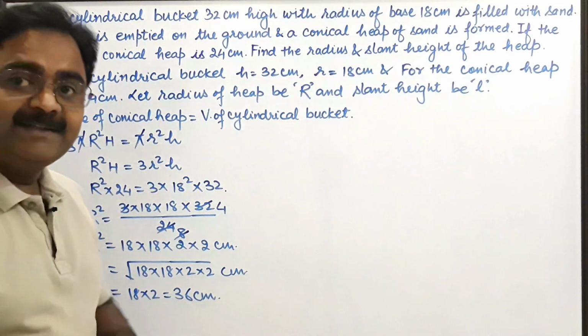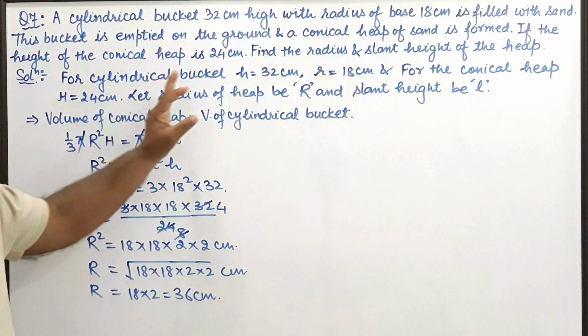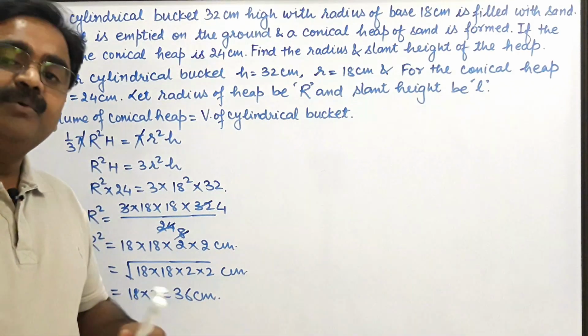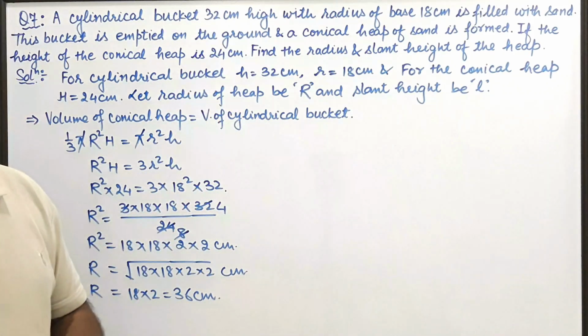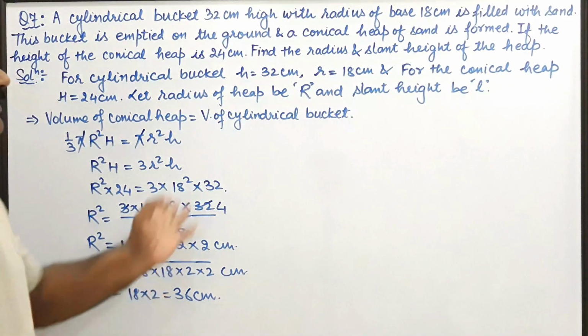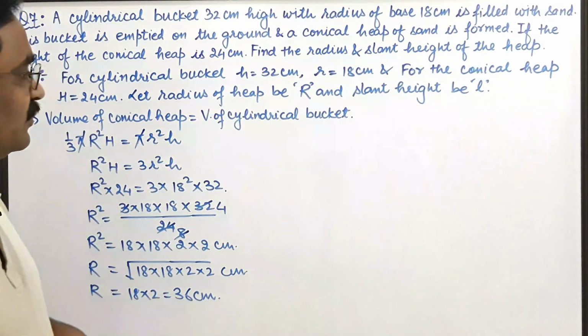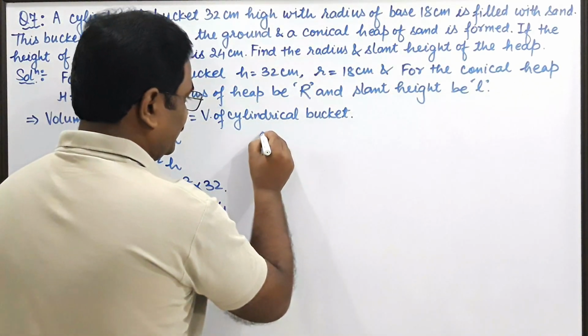So dear friend, I think it is clear that how to get the radius of this conical heap, which was formed after poured out the sand of the cylindrical bucket. Now it is asking find the slant height also. So as we know that the formula of slant height, for slant height we know the formula.